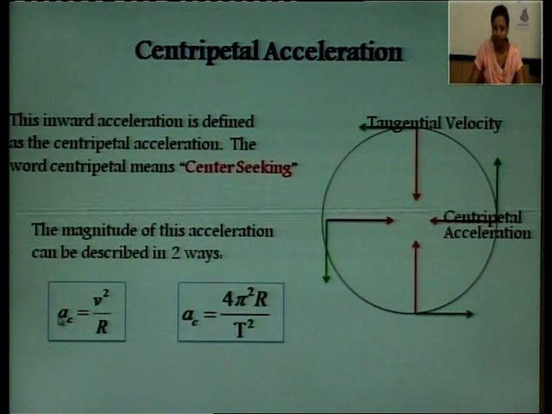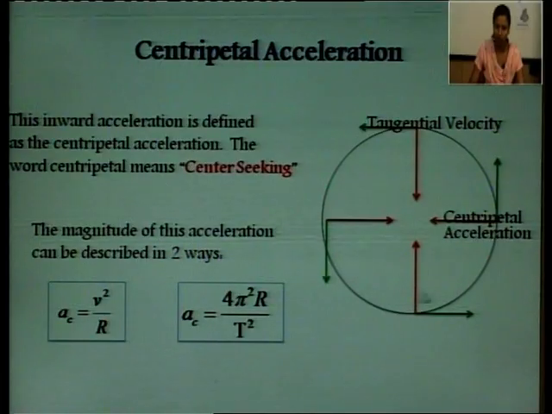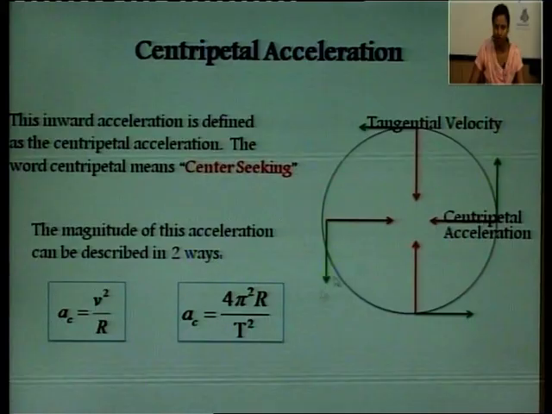We already did this expression, centripetal acceleration is v square upon r, where v is the velocity of this particle which is moving in this circle, and r is the radius of this circle.